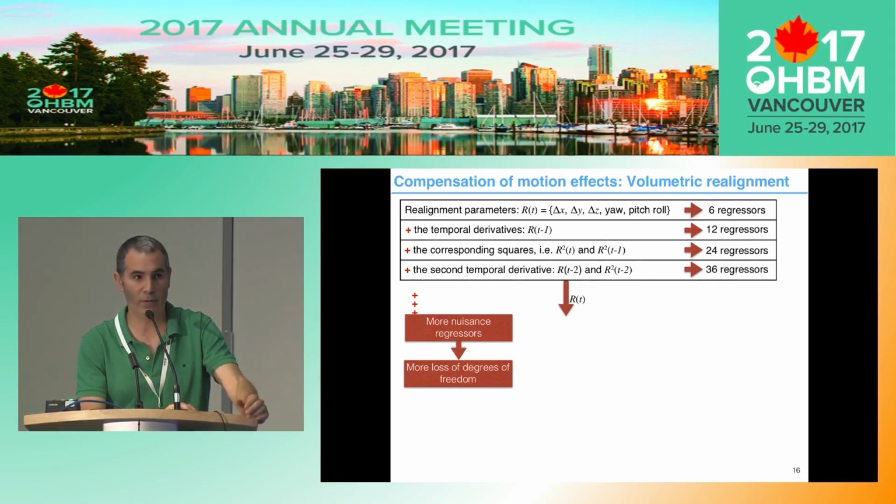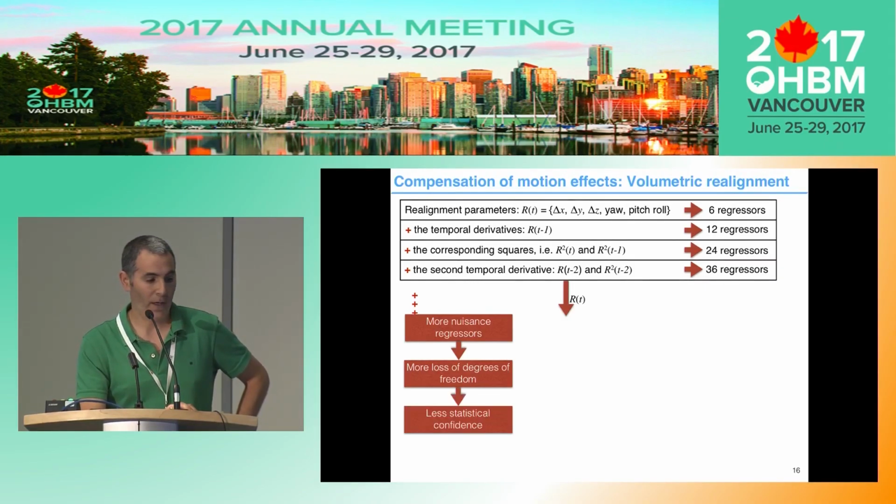And even if you are really concerned about the effect of motion, you can increase to 36 regressors, using the second temporal derivative. So 2 time shifts of the realignment parameters and their squares. The problem is that the more nuisance regressors you use, the more loss of degrees of freedom and the less statistical confidence you have.